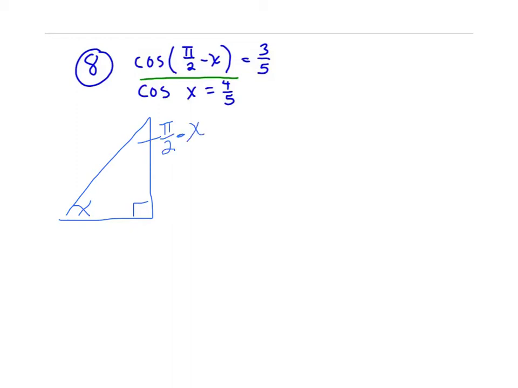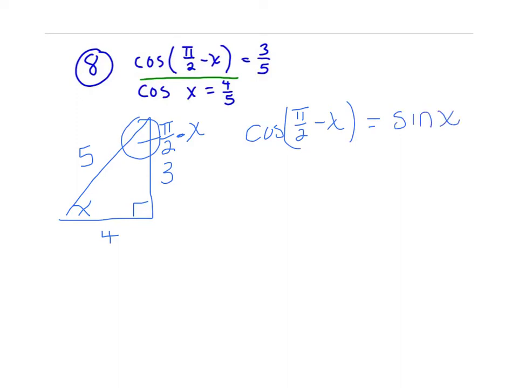So what it's saying is if the cosine is 4 over 5, then what's 3 over 5? The cosine of this angle is 3 over 5, this one here. Well, that's the same thing as the sine of x. So what this is saying, the cosine of pi over 2 minus x is really just a fancy way of saying sine x.